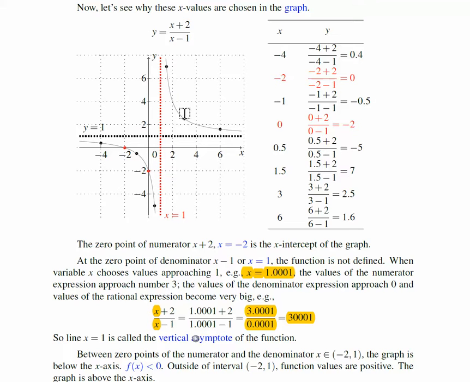So between this -2 and positive 1, that's what I marked here. The graph is actually below the x-axis. Let me delete this part.